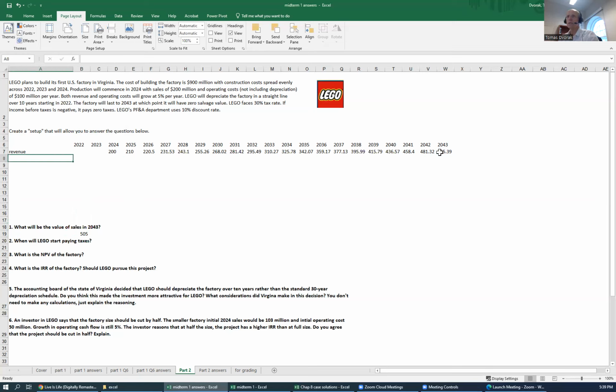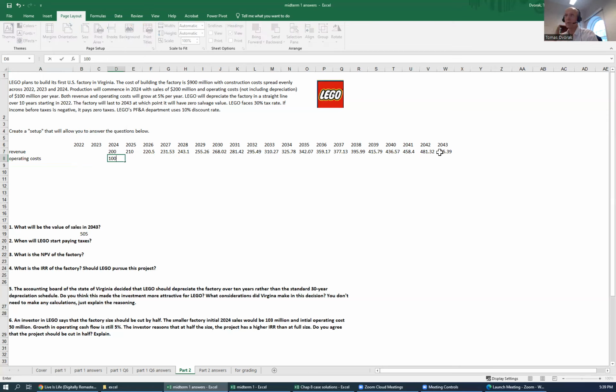What else do we need to do? We'll need to calculate income and income before taxes. Because it asks when will Lego start paying taxes. So let's put in operating costs. We know that those operating costs are going to start at also 100.